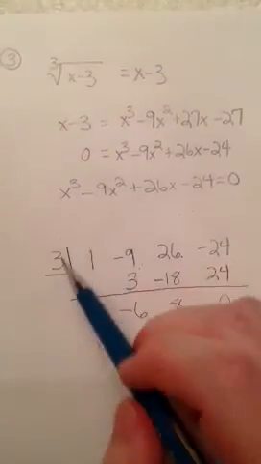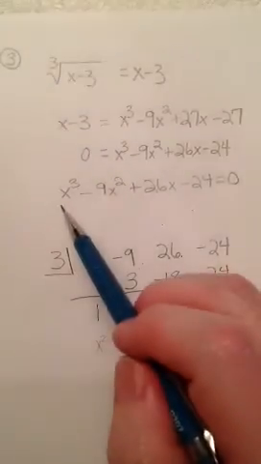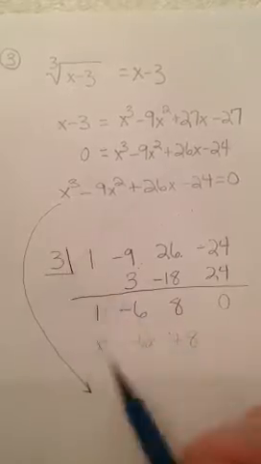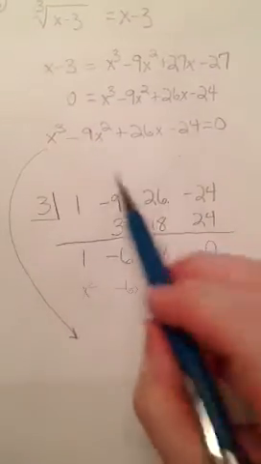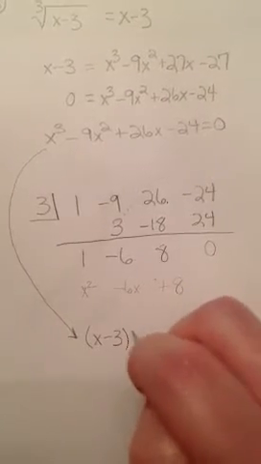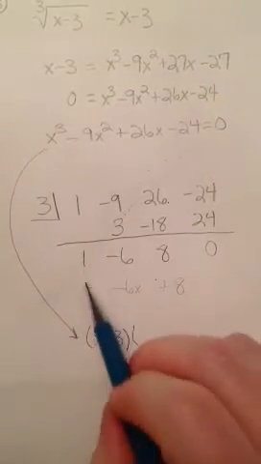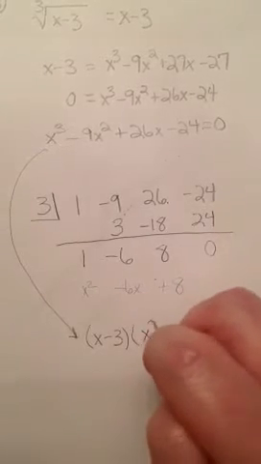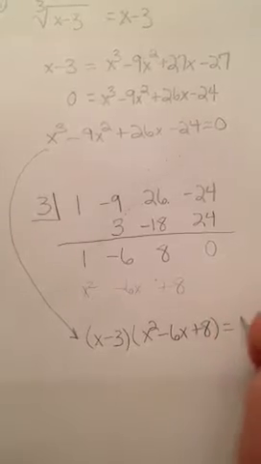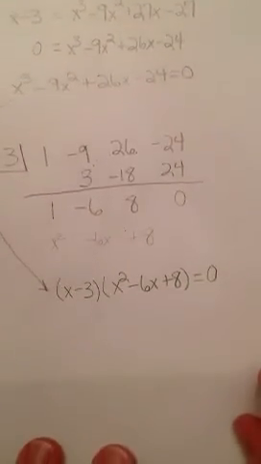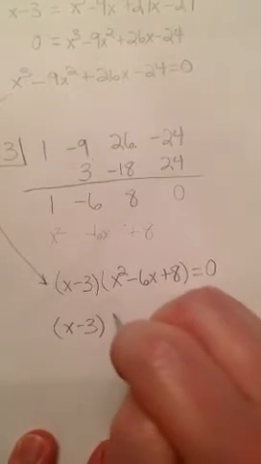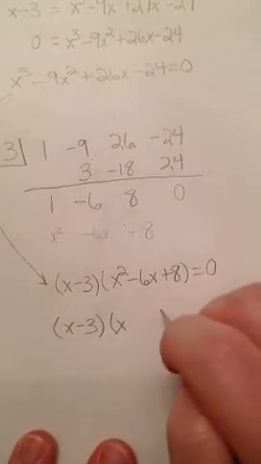And so, considering that 3 is a zero from x minus 3, if we factor this cubic, we have x minus 3 times the quantity x squared minus 6x plus 8 is equal to 0. And this trinomial can be factored.